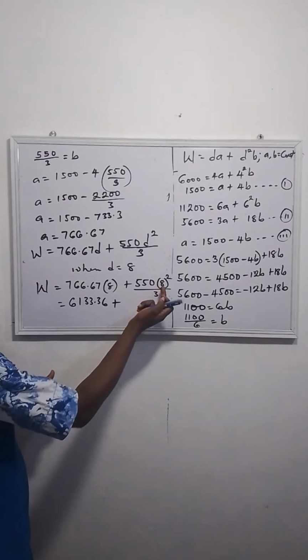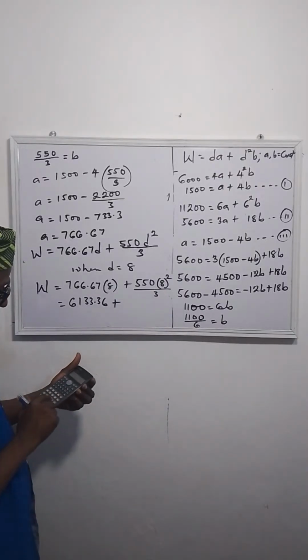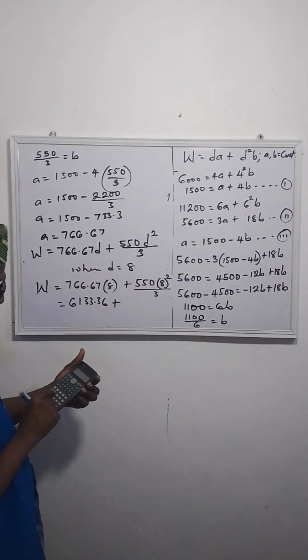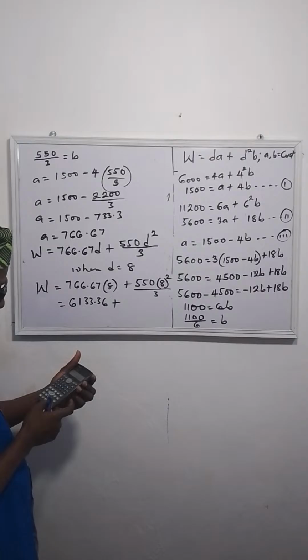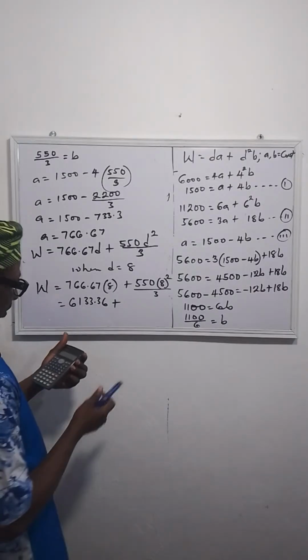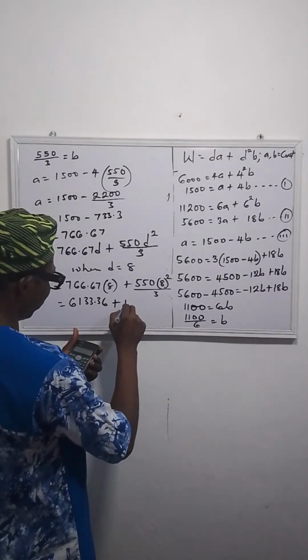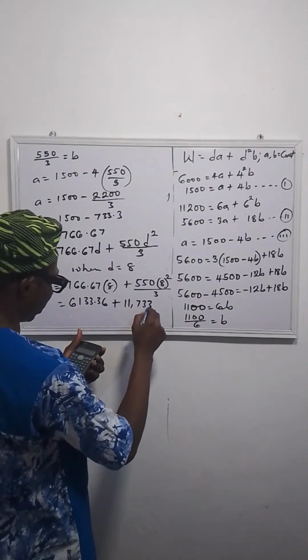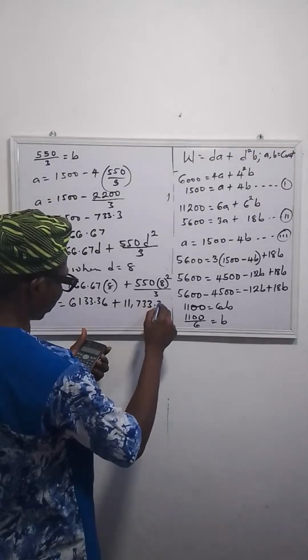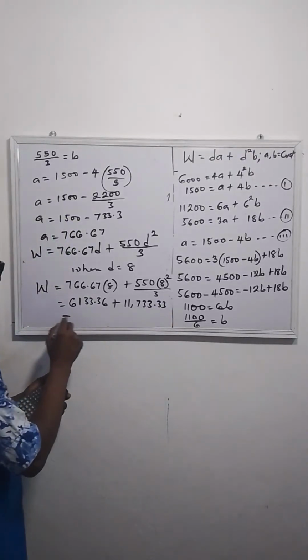So this one is 8 times 8, 64. 64 times 550, divided by 3. So what do we have? We have 11,733.3. So now let's add together.